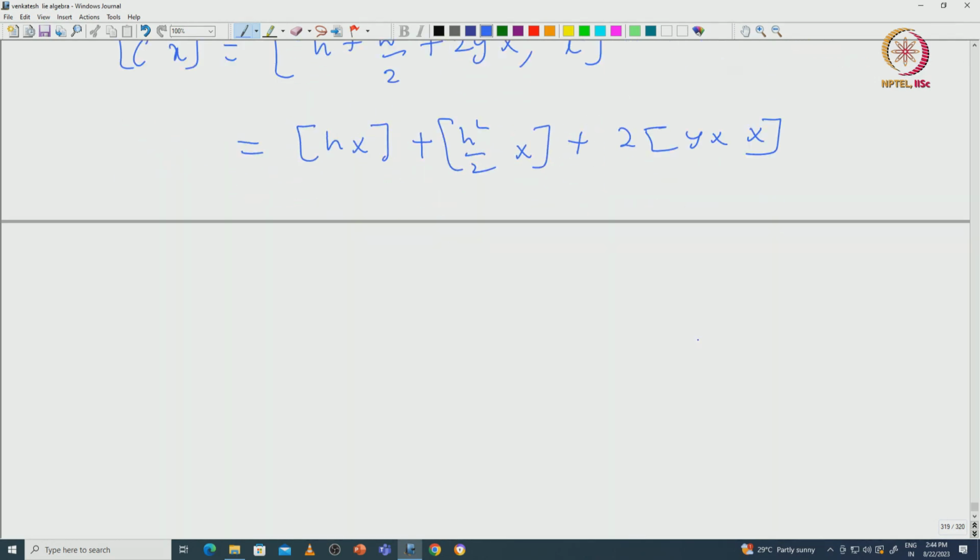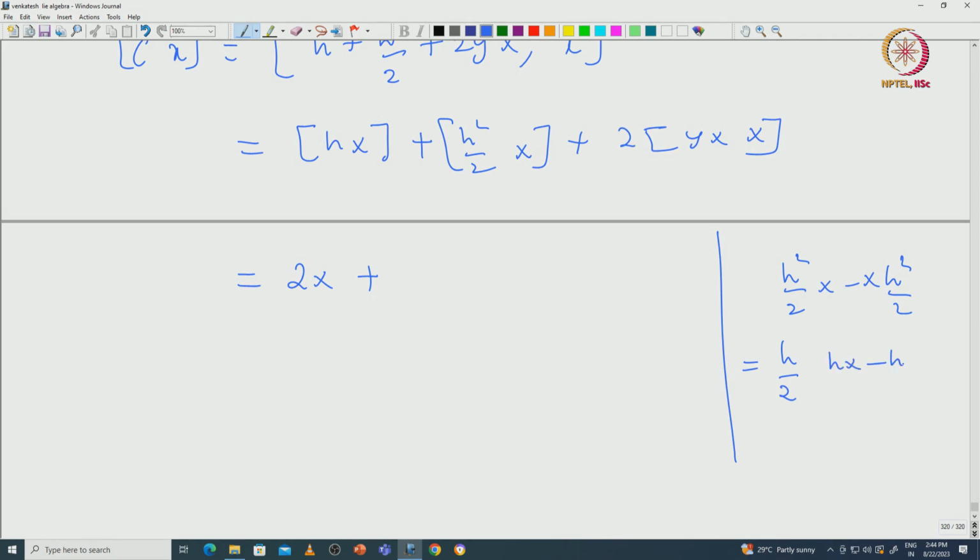So, if you just compute, h x is going to give us 2 x, and what about h square by 2 x? Again if you do the computation, let us do it here: h square by 2 x minus x h by 2. So, now you can keep h by 2 here. So, then it is going to be h x.